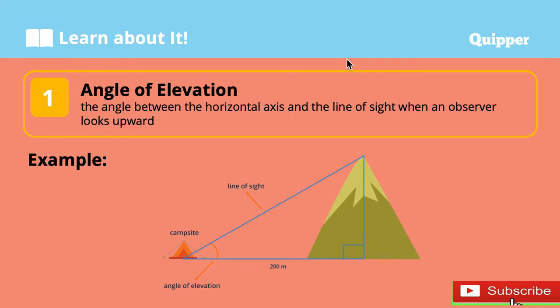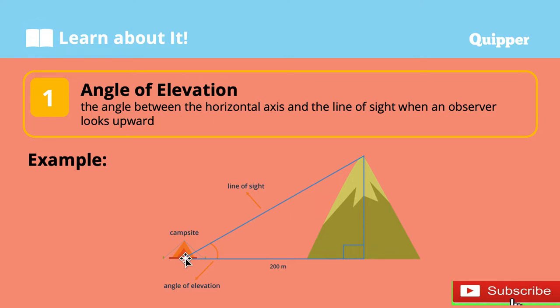Angle of elevation is the angle between the horizontal axis and the line of sight when an observer looks upward. This line here is the line of sight and this is the horizontal axis. Now the angle formed here is the angle of elevation. This is where the observer is located.